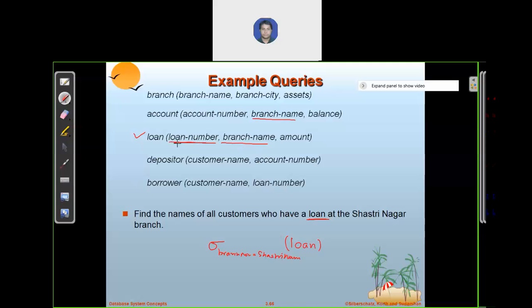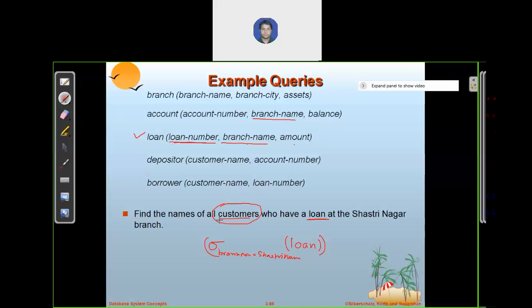From this relation, what we want is the customer name, but in this relation there is no attribute having customer name. So how will you find the customer name? This operator will return the relation having the loan number, branch Shastri Nagar, and amount of that loan. But there is no attribute of customer name, and this query is asking for the customer name.